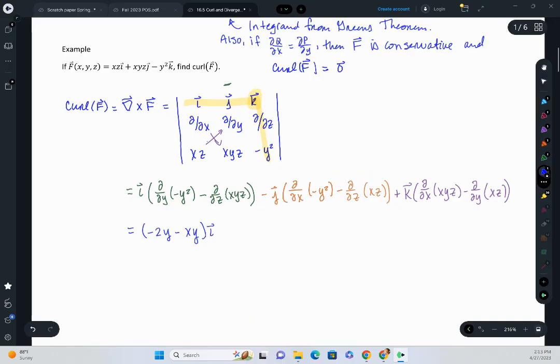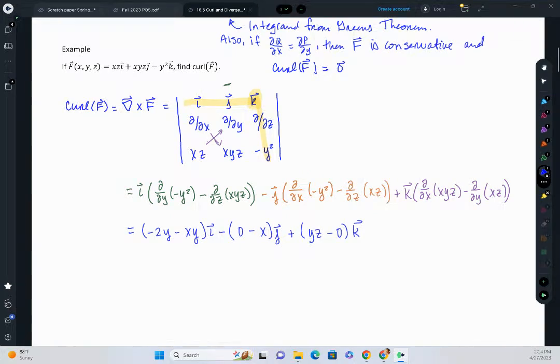I still have my i hat there. Minus, and then del x of minus y squared is going to give me 0, and del z of xz will be x, and then I have my j hat. And then plus del x of xyz will be yz, and del y of xz will be 0.